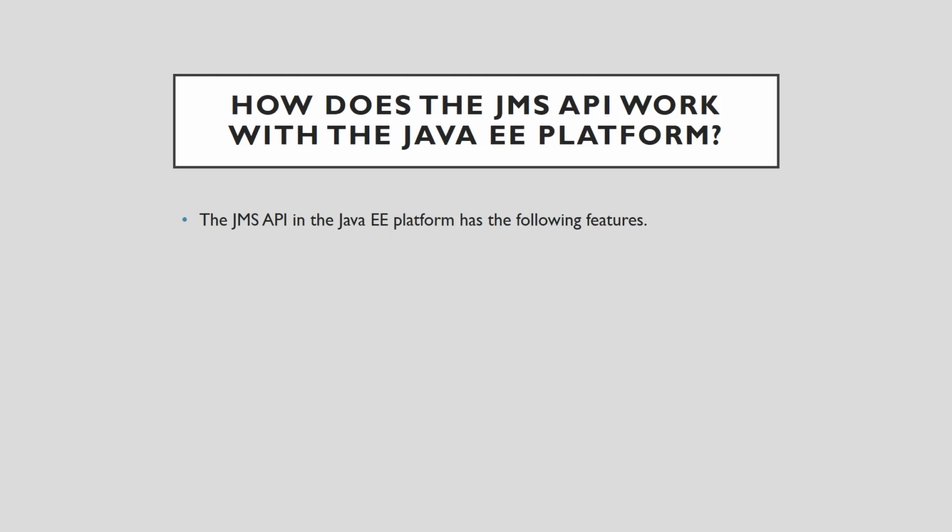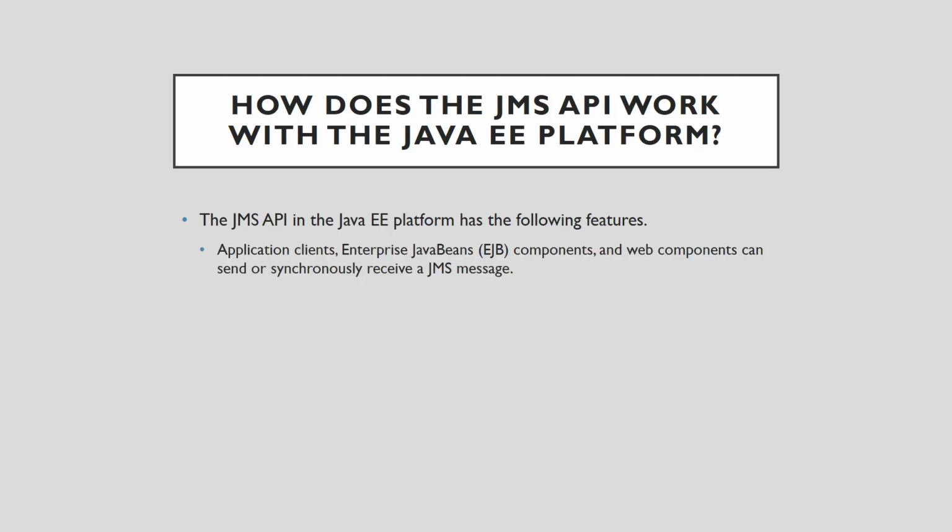Now, the JMS API in the Java EE platform has the following features. The application clients, EJB components, and web components can send or synchronously receive a JMS message. Application clients can, in addition, receive JMS messages asynchronously. Applets, however, are not required to support the JMS API.